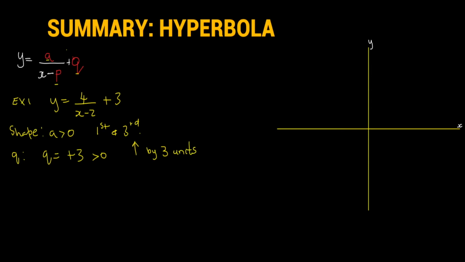It is also telling us that we have a horizontal asymptote of y equal to positive 3. So we can already go to our graph and draw this one, y equal to 3. We can draw that asymptote.